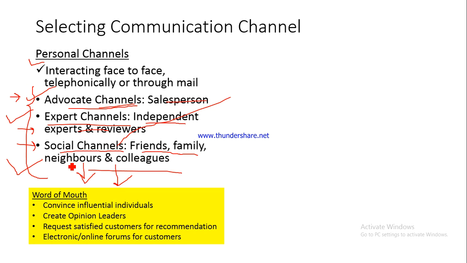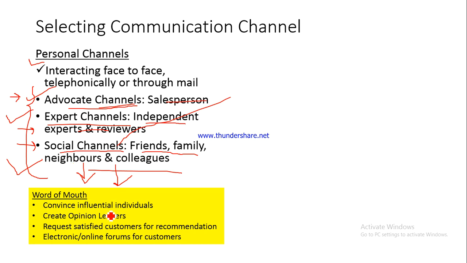How can you make good use of this word of mouth publicity? How can you make your satisfied customers talk more and more about you in glowing terms? And how can you ensure that the customers who are not satisfied with your product do not spread a bad word of mouth? So for them, we have got some tips.